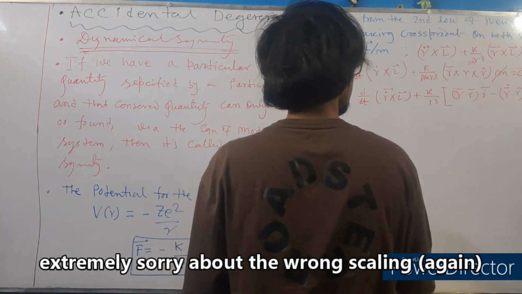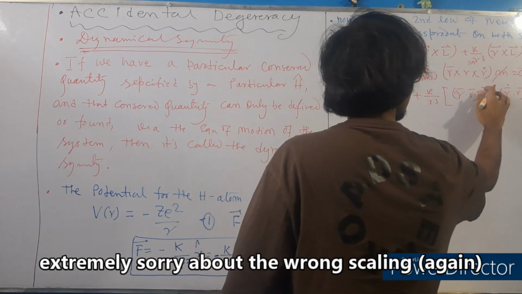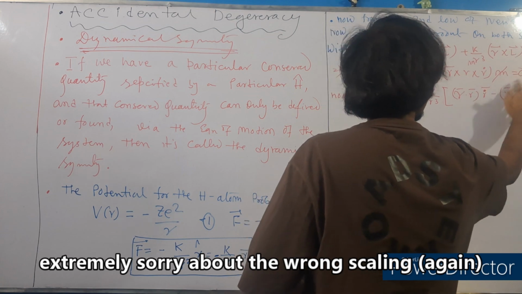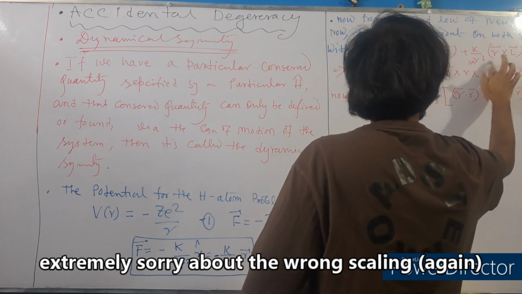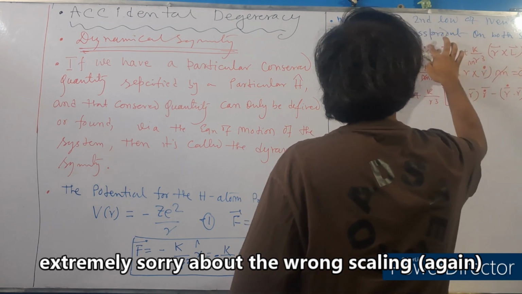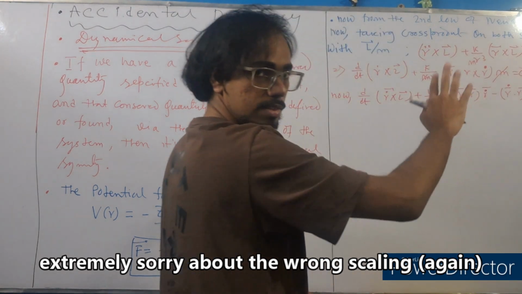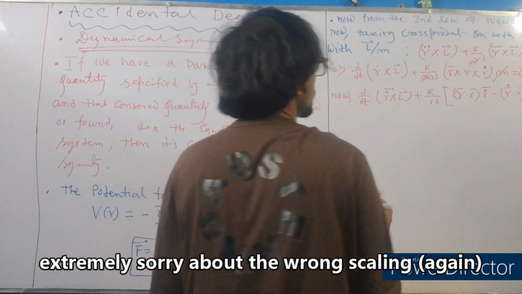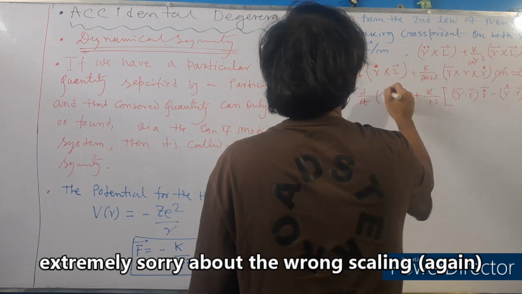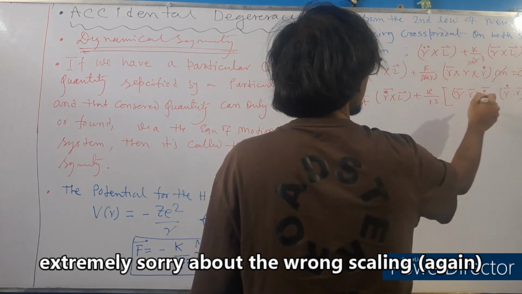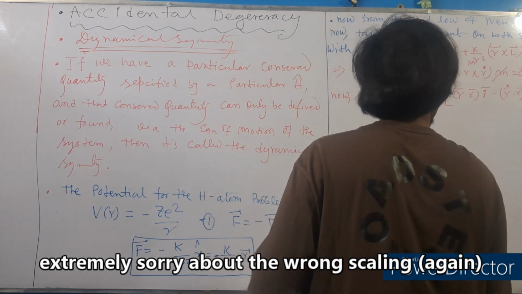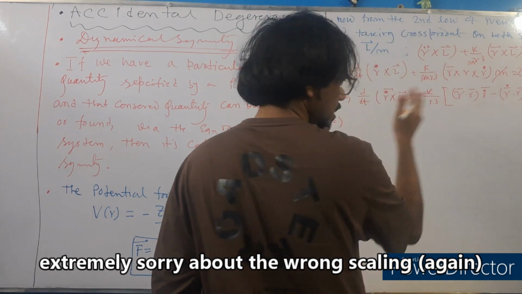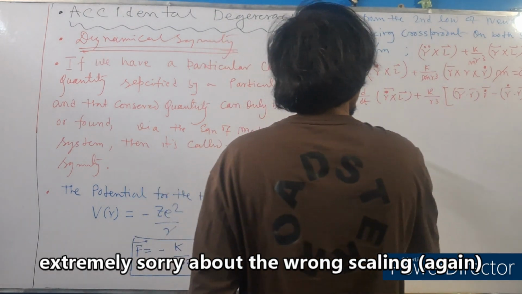Okay. I think the dots are visible. Okay, please, if you have any problem, please comment down. I will clarify. Okay. But I think you guys can understand that much.